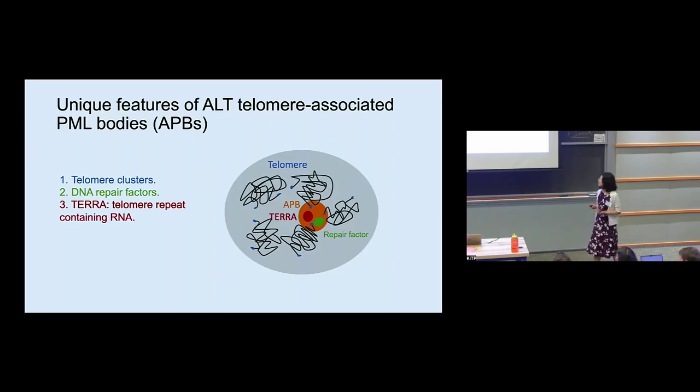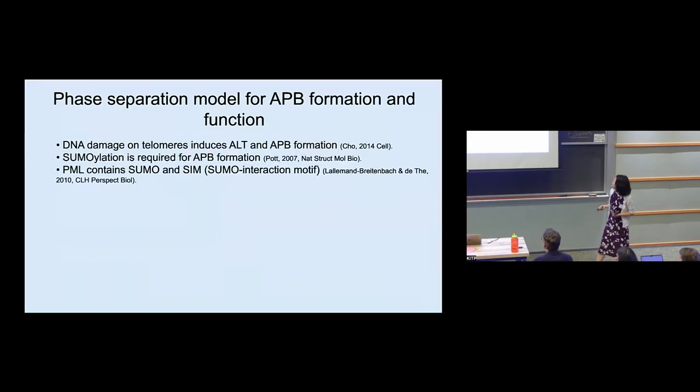So these are unique properties of those PML bodies. And so we want to know how they gain those particular properties and whether any of those are useful for the cancer cells. And so, of course, our model is phase separation, because previously it has been shown that DNA damage on the telomeres can mimic this ALT pathway in the ALT cancer cells and can induce APB formation.